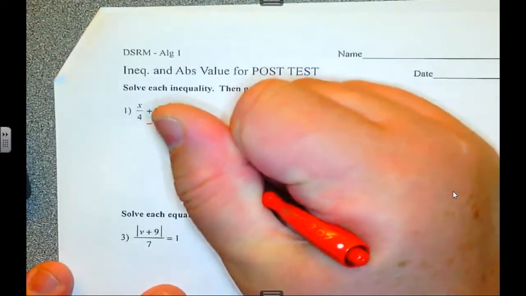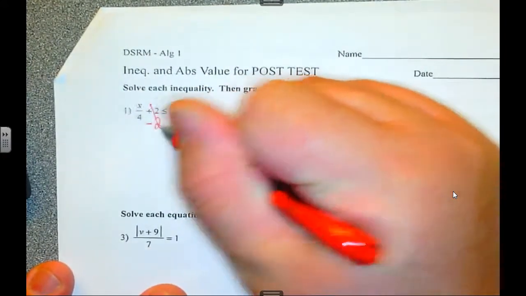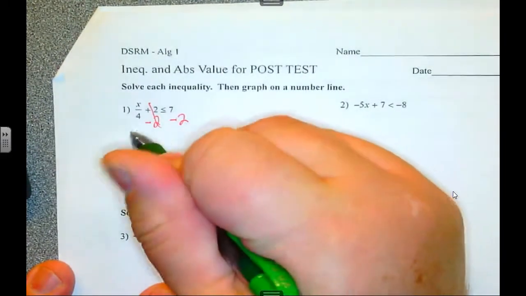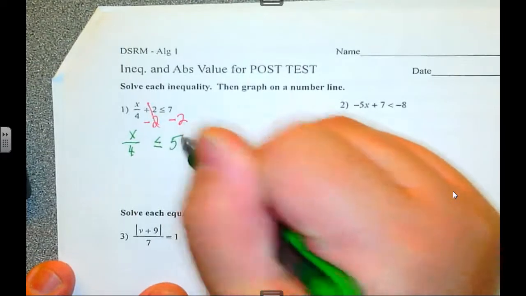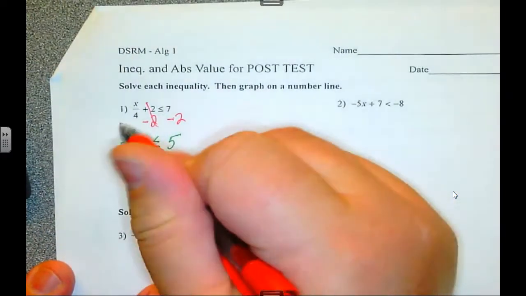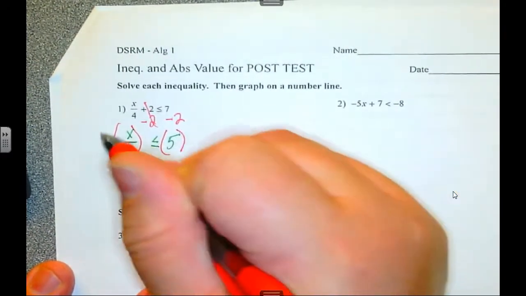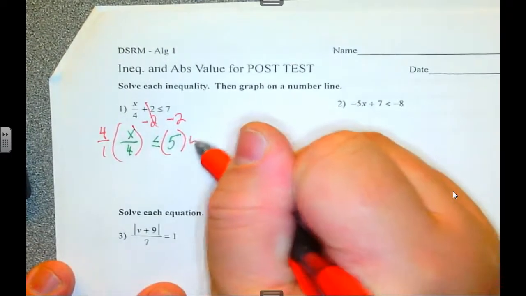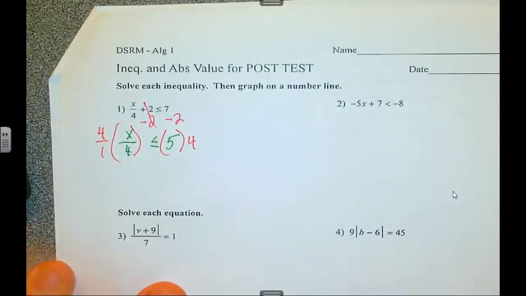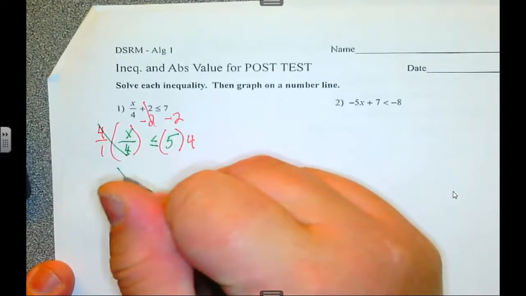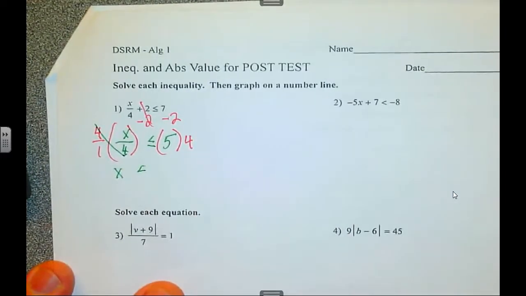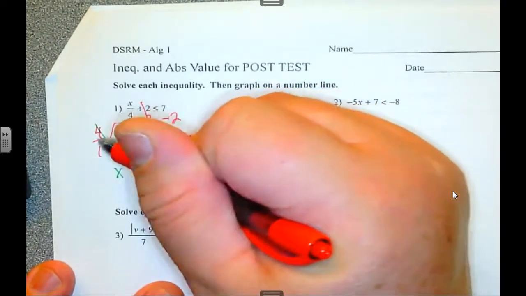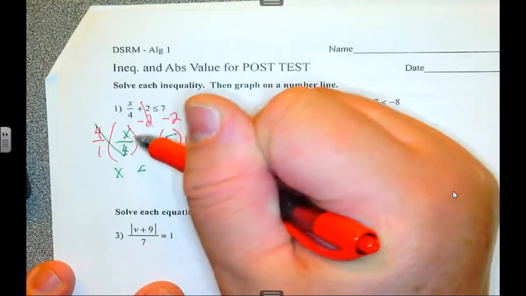Okay, subtract 2 from both sides. I get x over 4 is less than or equal to 5. I'm going to multiply both sides by the denominator 4, or 4 over 1, because I can cancel out before I multiply.